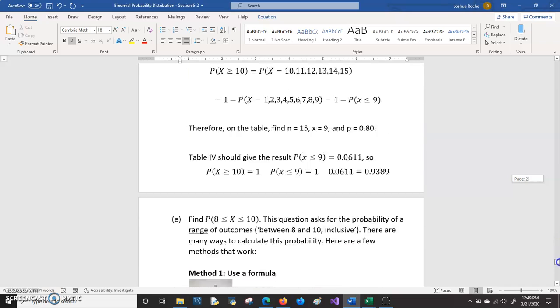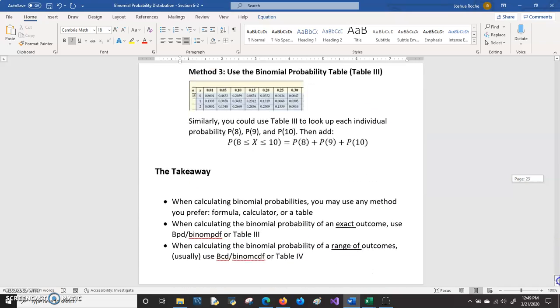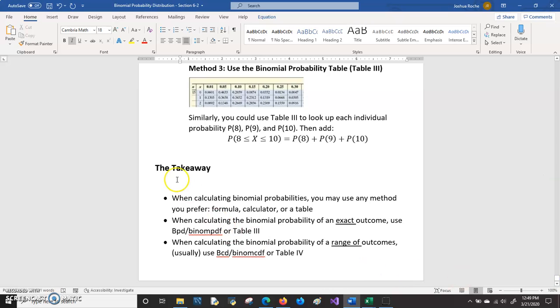And at the very end of this is just a summary, the takeaway. So all of this is a lot to remember, but one thing to keep in mind is that you can use any method you want. You can use a formula, a calculator, or a table when you do these probabilities.